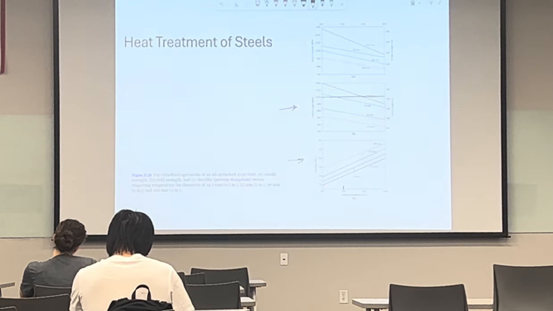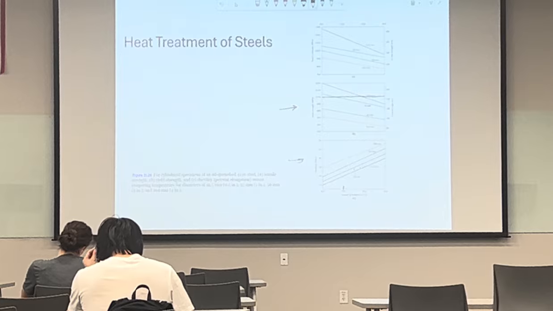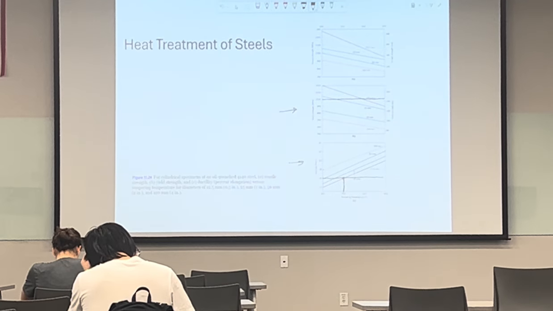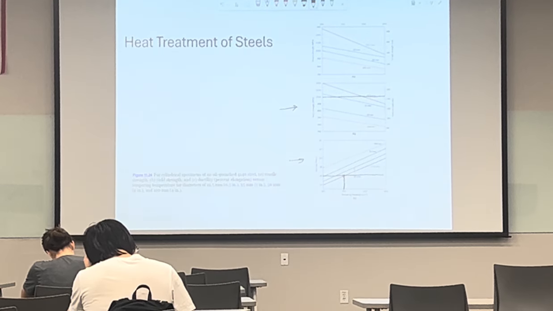So if we find this line again, 550 here. Right, so a tempering temperature greater than 550 is going to give a ductility of 16% elongation.